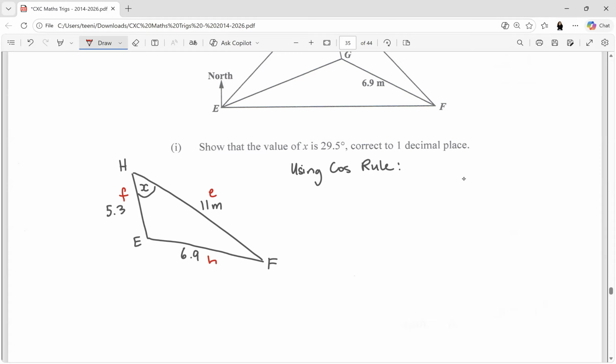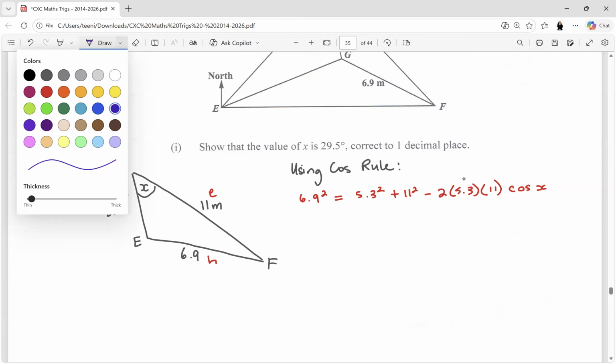So 6.9 squared is equal to 5.3 squared plus 11 squared minus 2 by 5.3 by 11 by cos of X.